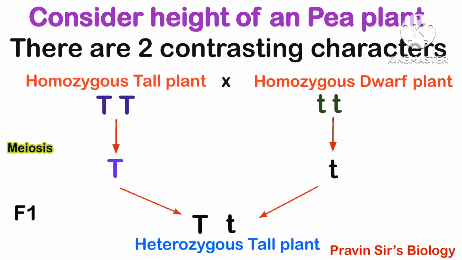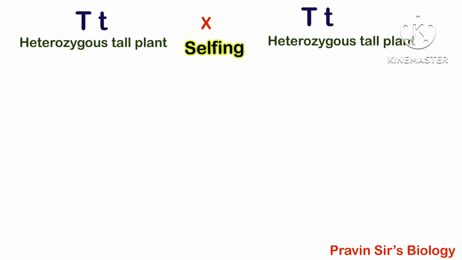Let's see further. On selfing, inbreeding, the result of the F1 generation is self-crossed. So here in the parental generation, this heterozygous tall plant is crossed with a heterozygous tall plant. Here will be capital T small t and capital T small t.